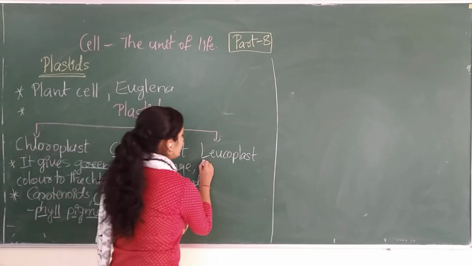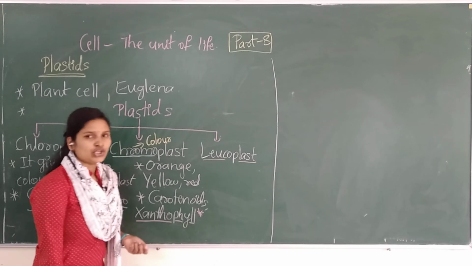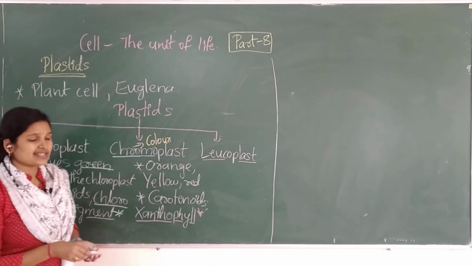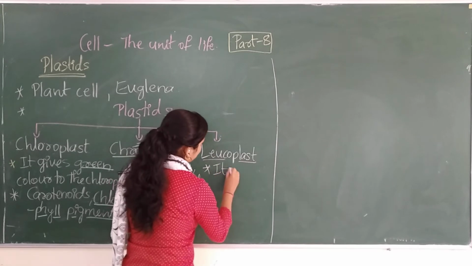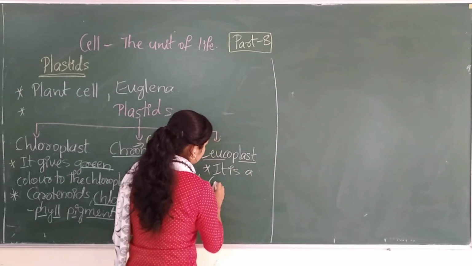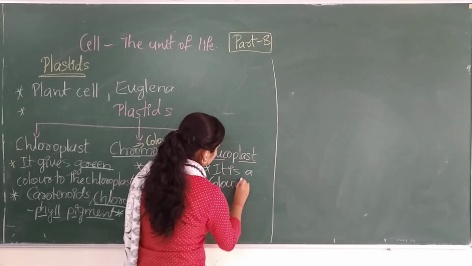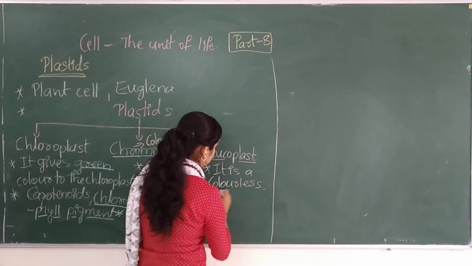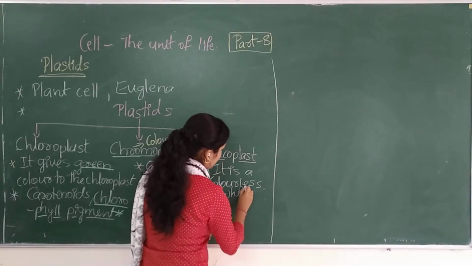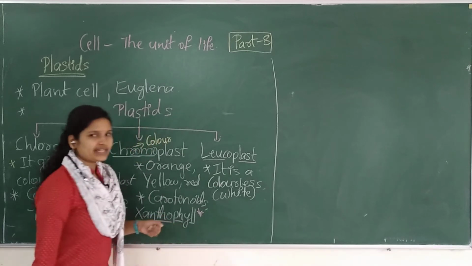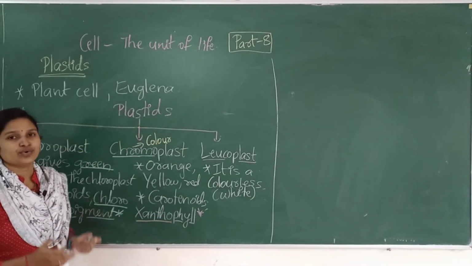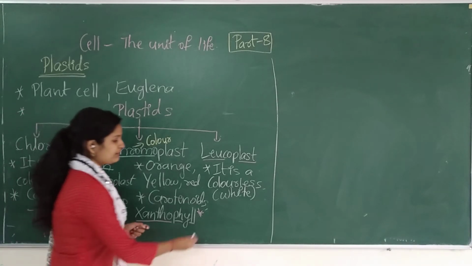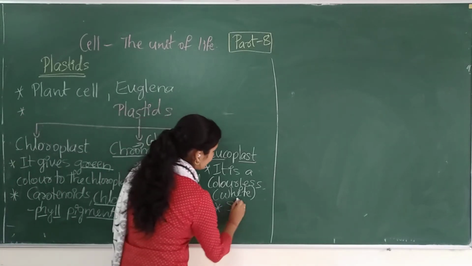Now another category, that is leucoplast. This is a colorless pigment, mainly white, and its function is to act as a storage material.